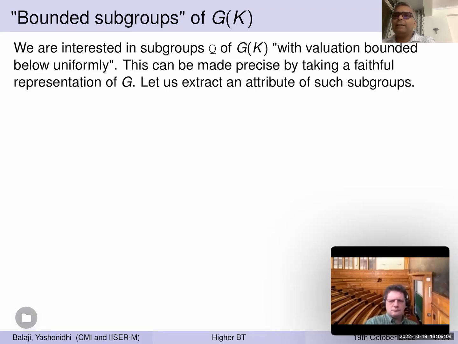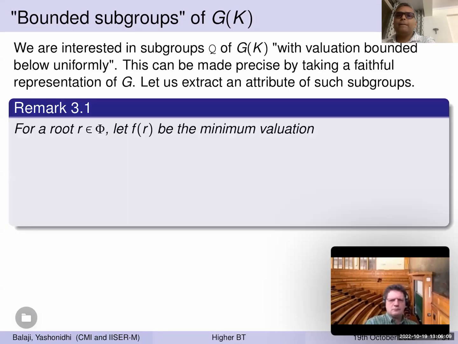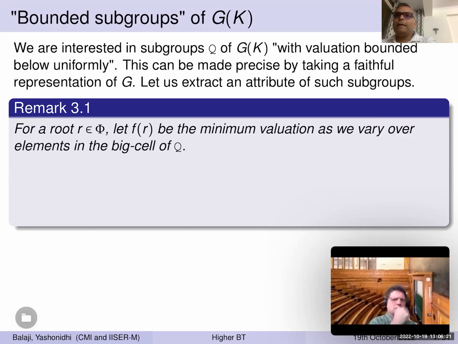Let us extract an attribute of such subgroups. So here's a remark: for a root R in Phi, let FR be the minimum valuation as we vary over elements in the big cell of Q.